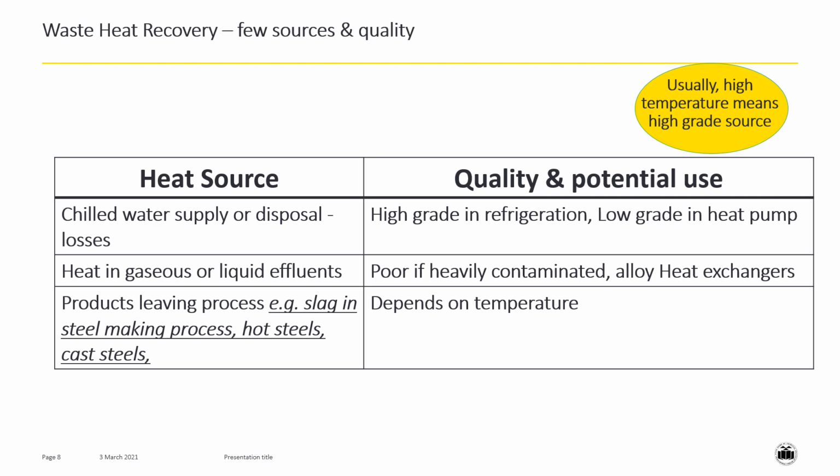Heat in gaseous or liquid effluents. Effluents are waste coming out from any process, may be liquid or gas. If it is heavily contaminated, the quality is poor and it will require alloy heat exchangers.